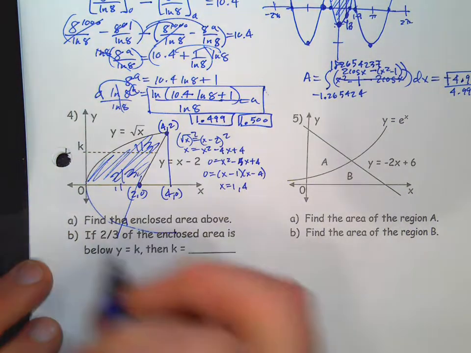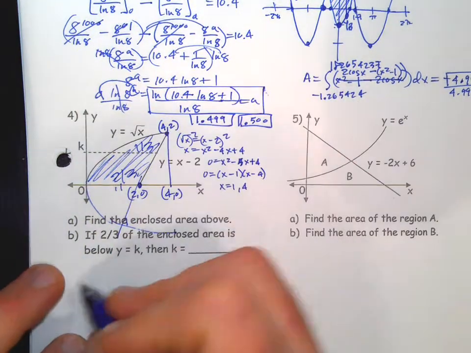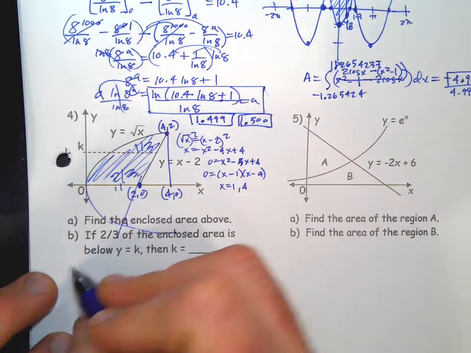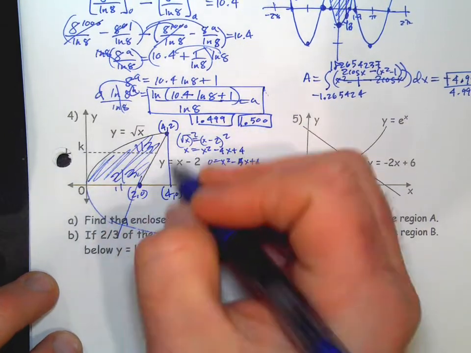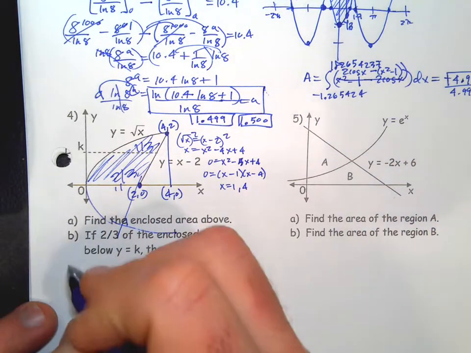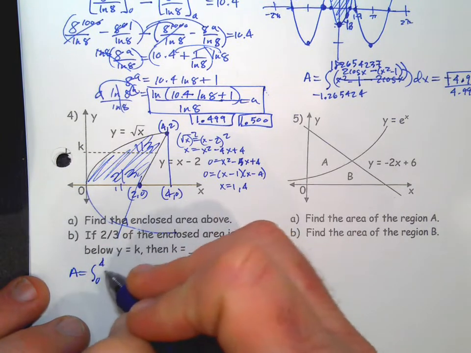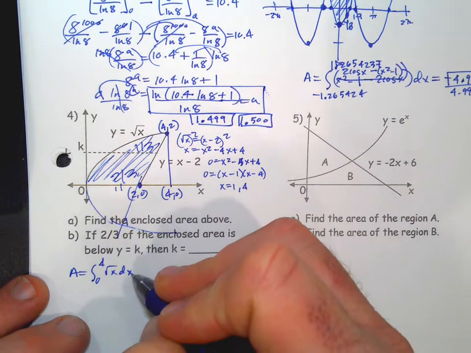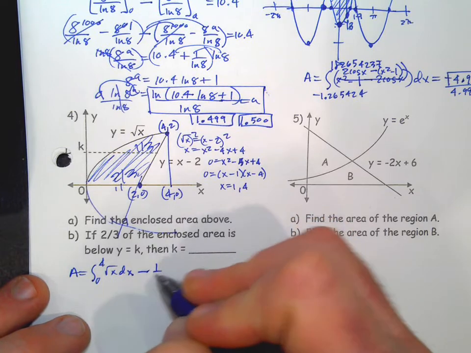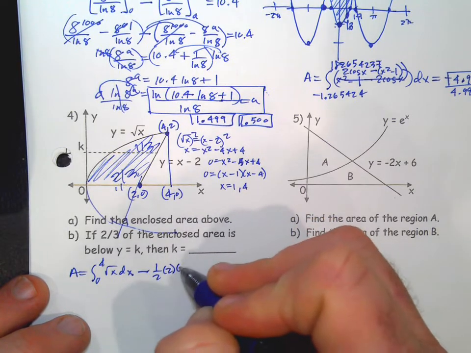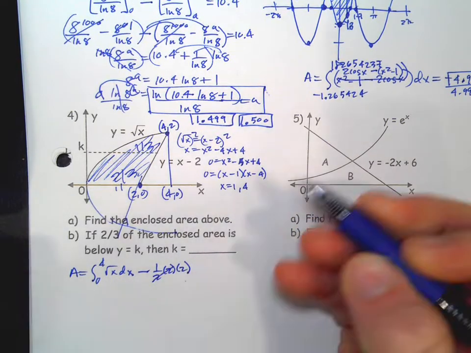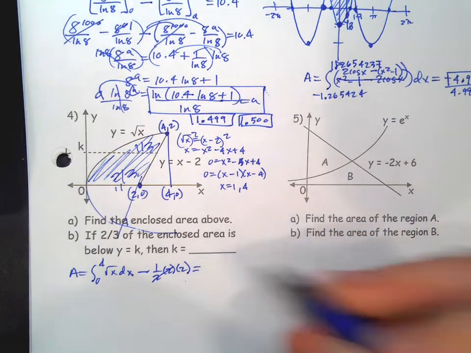Anyways, if you want to find this area, you could do vertical slices. You could do this whole area and then subtract this area. You could calculate it as a triangle if you want. You could say, all right, 0 to 4 of the square root of x dx minus 1/2 base times height. Do it like that.